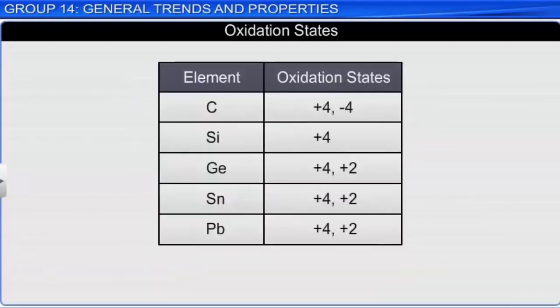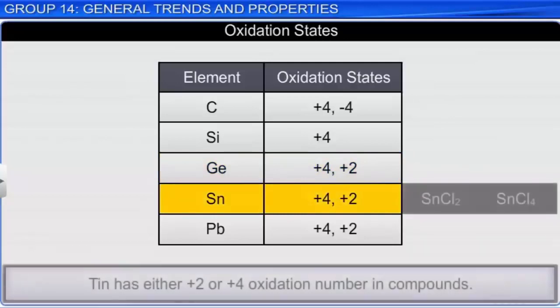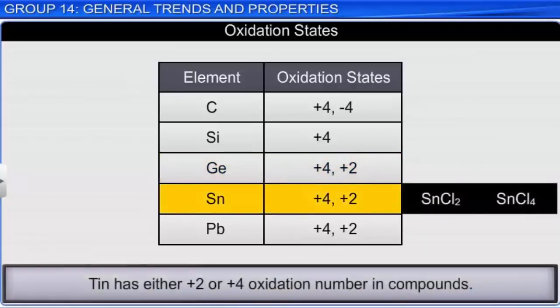Thus, it is observed that germanium most commonly exhibits a +4 oxidation state in compounds, and only rarely a +2 oxidation state. Tin is found in both +2 and +4 oxidation states in compounds. For example, the tin 2 chloride and tin 4 chloride forms.